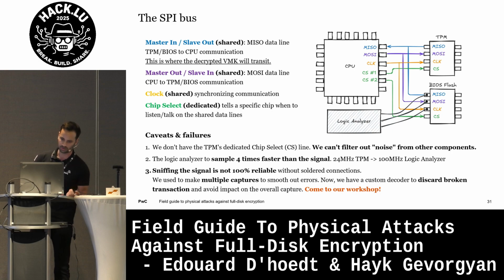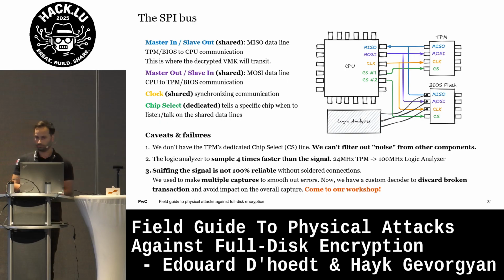So the idea is now, as we have all the traffic, can we extract the traffic of interest, which is only the TPM traffic? We can't filter out noise because we are missing the chip select. And for that kind of attack, you need to sample quite fast.